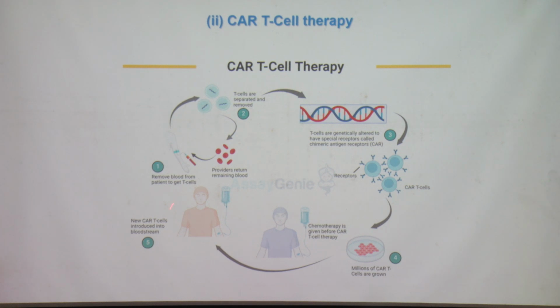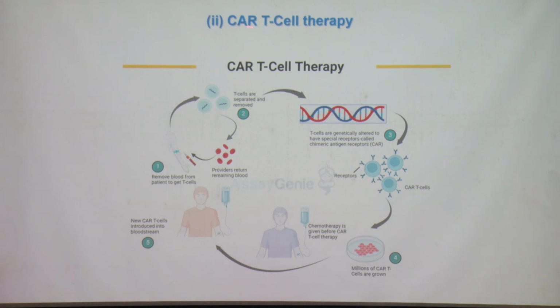So what you do, you take the T cells from the patient. If you remove it from the patient and give it back to the patient, there will be no immune rejection, so that is safer. That's why they use the T cells from the patient. Then they change the DNA of the T cells so that they accept special receptors. These are called chimeric antigen receptors.